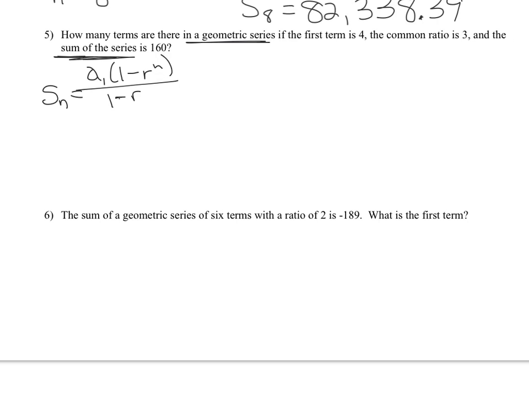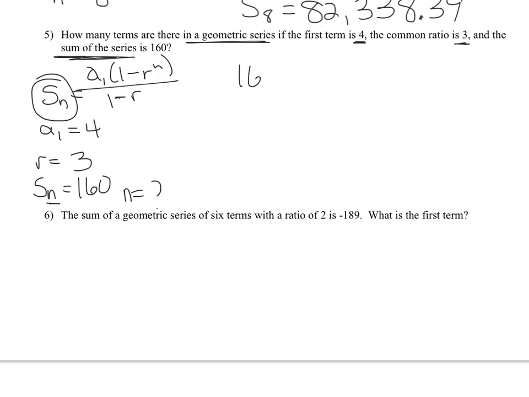They're telling me the first term is 4, the common ratio is 3, and the sum is equal to 160. But they're not telling me what n is, so I have to find n.